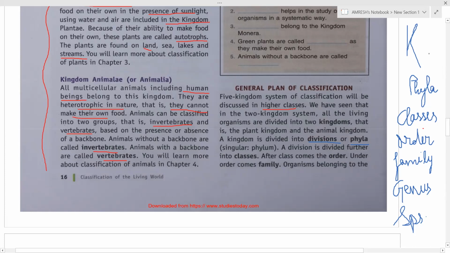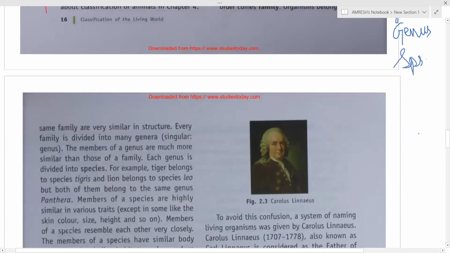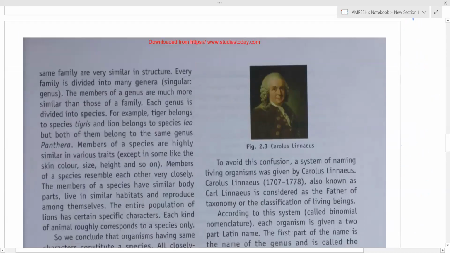See, kingdom is Animalia. Phylum, what will be the phylum? Vertebrate or invertebrate. The class will be mammals or fish, amphibians, like that. Next, order, then family, then genus and species. So we have learned up to species.